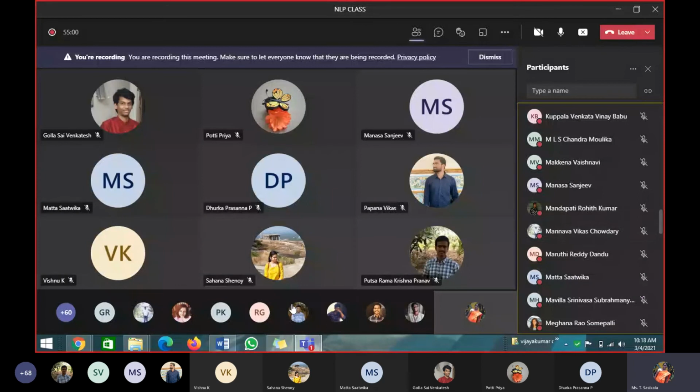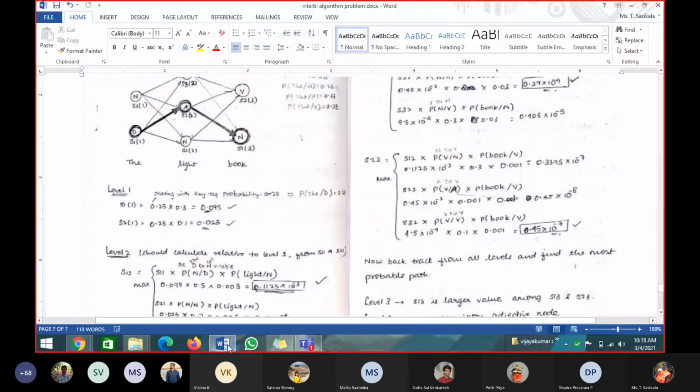Have you all completed, students? Can you check whether you are getting the same values that I have displayed, or any wrong values? Anything changed? Are you all getting the same answer for S2 to S3?